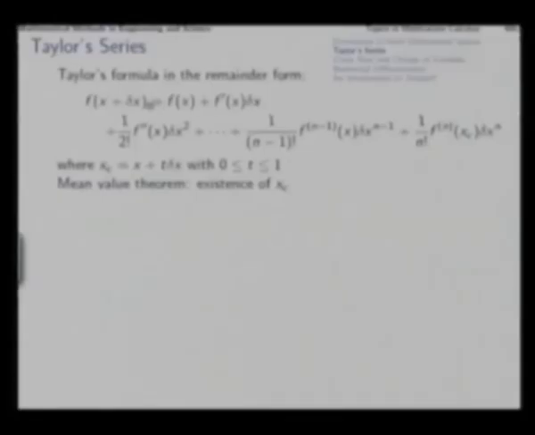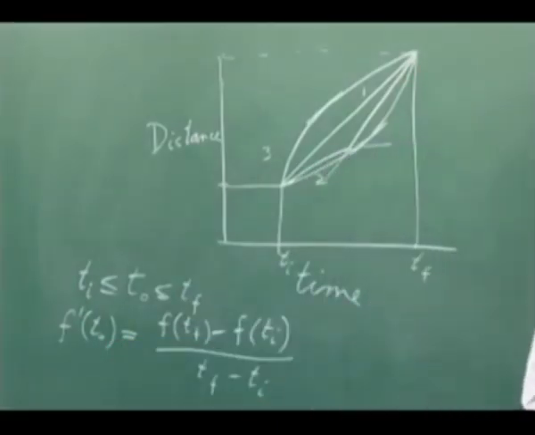Okay. That is, f of x plus delta x is equal to f of x plus, here in the place of x we will have some x_c, which I have represented as t0. In that place we will have x_c. So, Lagrange's mean value theorem is for the first order derivative.